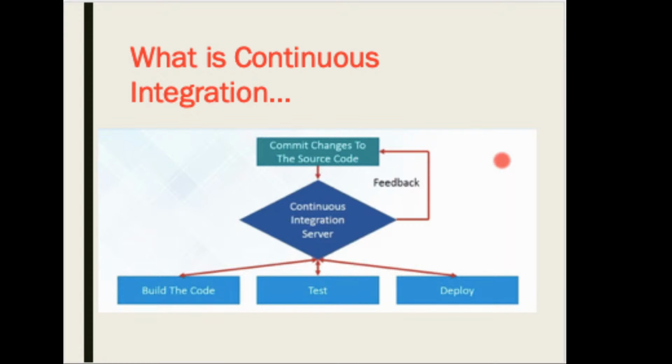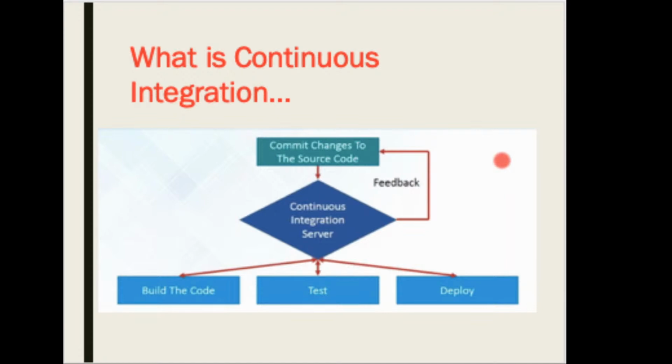Continuous integration is very simple, as I told you orally in the earlier session. You commit changes to the source code, then you load it onto a continuous integration server. The server will build your code, do testing, and then do deployment.